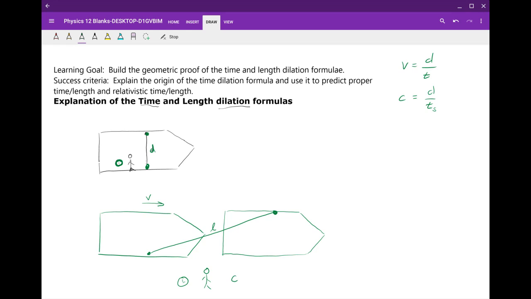So, it's kind of like what we said before. Because this ship is moving, it's not that this light moves more quickly, right? It moves at 3 times 10 to the 8. So the speed of light that this guy realizes is L, right? Distance that it travels over the time, and I'm going to call this time moving.